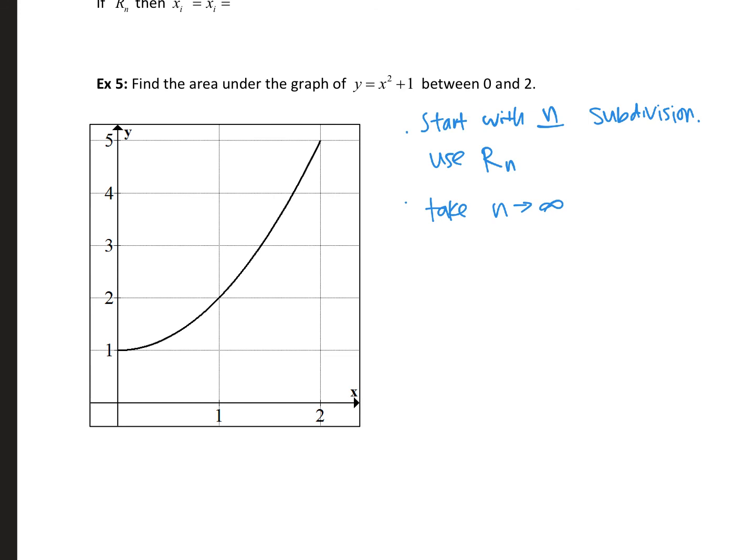Your setup is going to look like this: sum i from 1 to n of f of 2 over n i times 2 over n. This is delta x. Then you can go from there, take the limit as n goes to infinity, and whatever answer you get will be your answer. Your final answer should be 14 over 3.